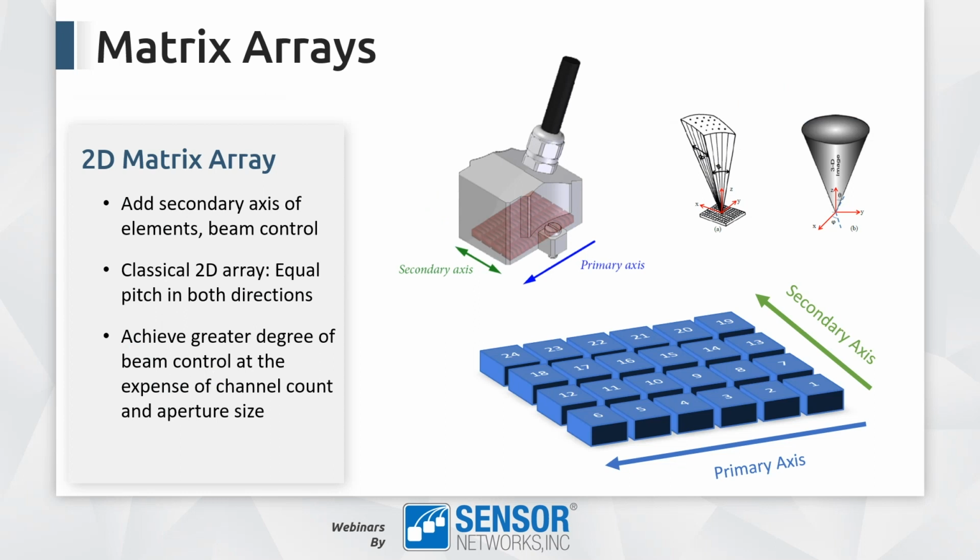You can steer in the azimuth plane, you can steer in the elevation plane, you can focus out into the part. So the whole idea and benefit of a matrix array is to have more control over the beam than you would otherwise have with a linear array, where one axis of the transducer is completely static and dictated by how the transducer is designed.